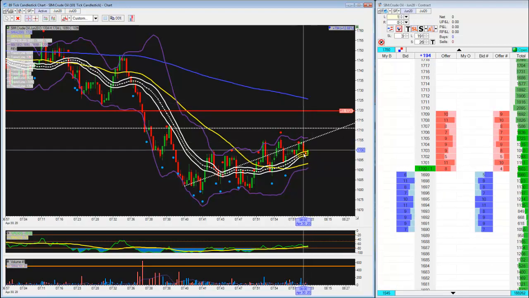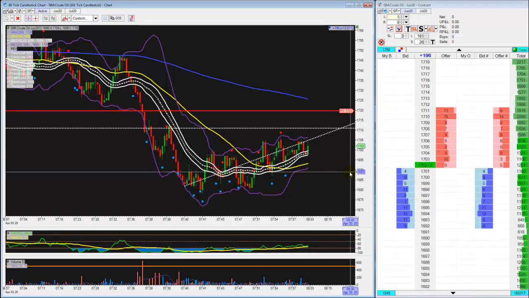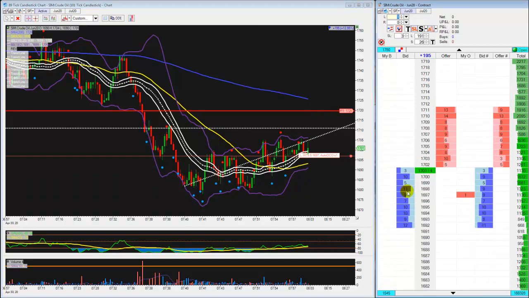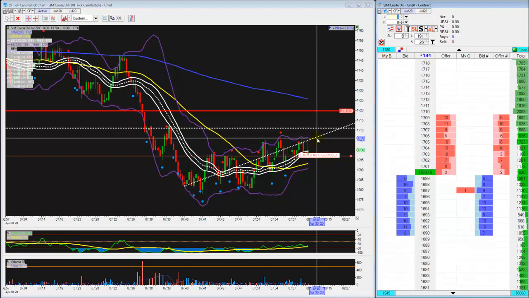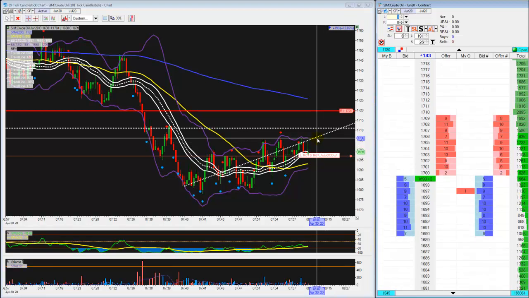Take a little trade here, a little risk right now. Go 1697, and we're going to use this high right there as failure.